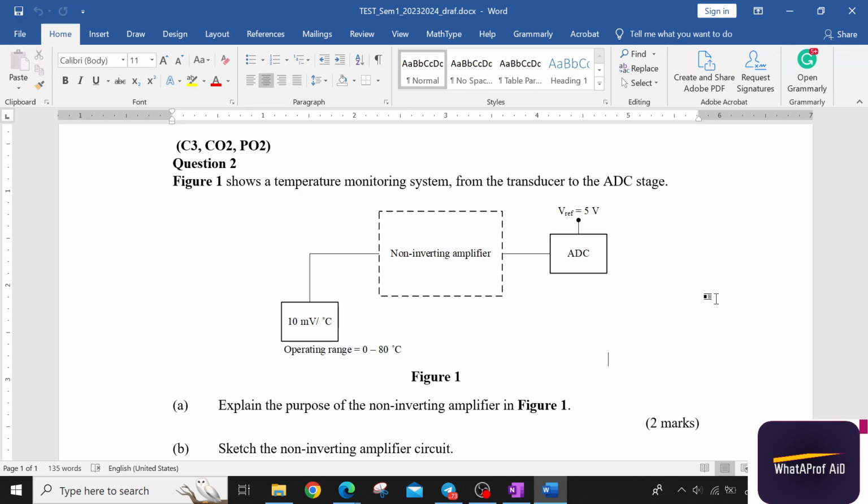The amplifier's function is to amplify, but by amplifying the signal, what can it actually do here? I've mentioned this in the class before this. Yes? To utilize the full range of the ADC. Okay, to utilize the full range of the ADC, that's one of the answers.